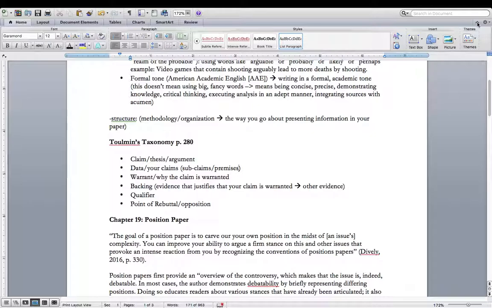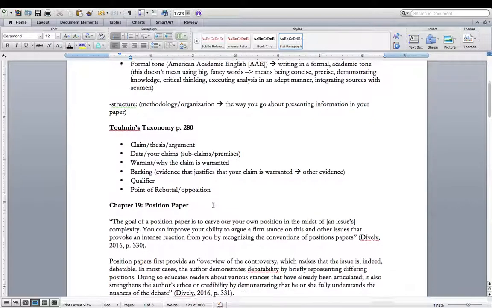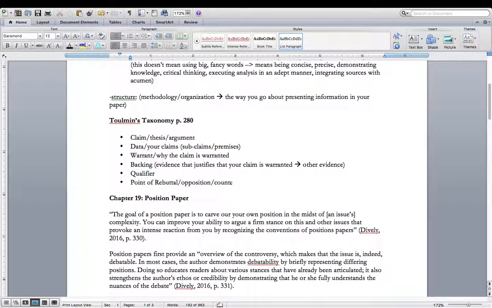It can't peek out and go into all these different areas of discursivity. Your claim has to be bound in some way, and then you have the opposition, or the counterargument, as it's sometimes referred to.